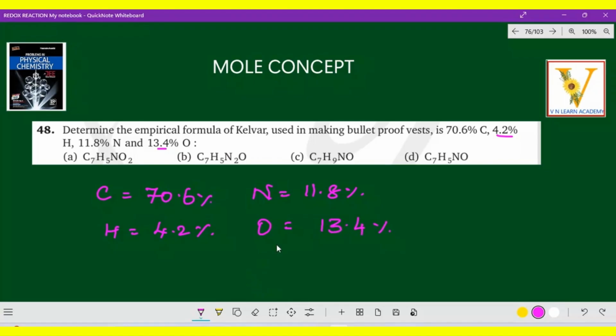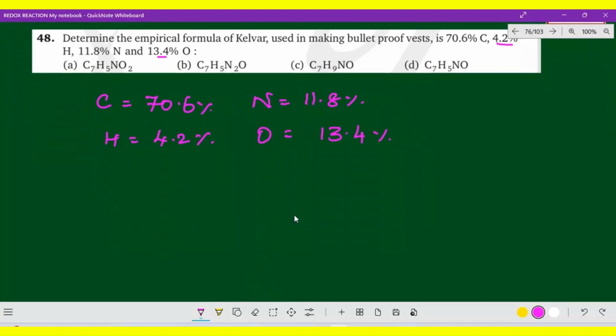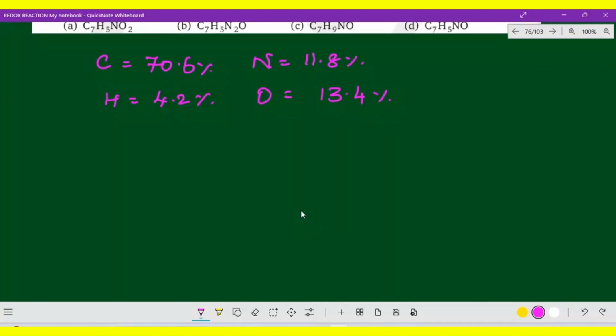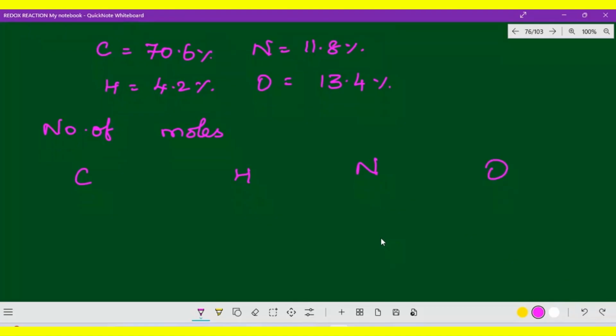Now at this point, let us find the number of moles, because the number of moles is easy to find unless we take it as a given mass. So the number of moles of carbon, hydrogen, nitrogen and oxygen, we can identify.